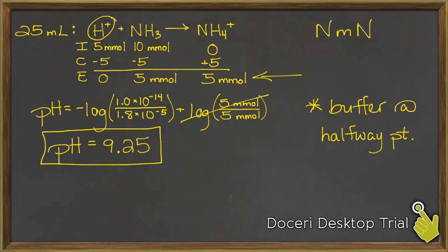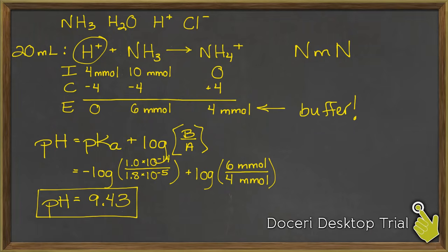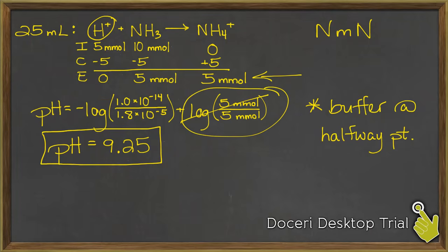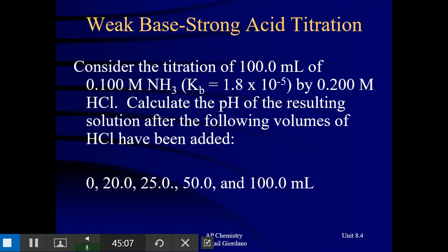Because my amount of base and conjugate acid were equal, which means, and even if you didn't realize you're at the halfway point, that's okay, because you would have seen that this whole term cancels out. It equals 0. So at the halfway point here, our pH is 9.25. It's dropped a little bit from where we were on the last step because we've added even more strong acid. So that makes sense. So you guys pause the video, try the next step.